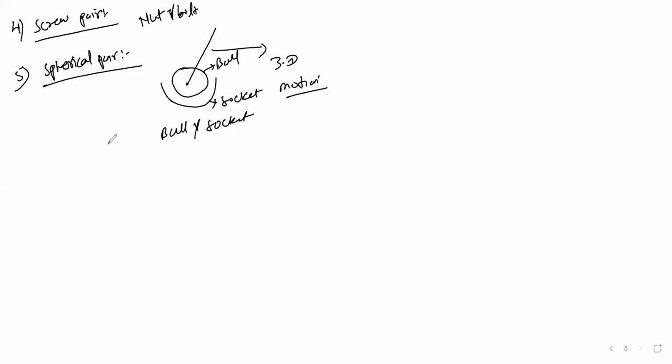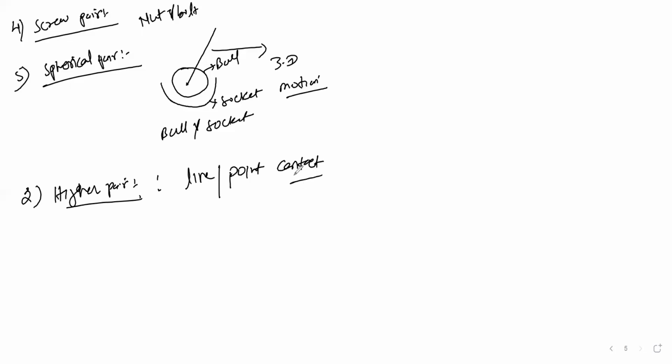Similarly, next we have the higher pair. Higher pair always makes a line or point contact. Line or point contact means it is named a wrapping pair.